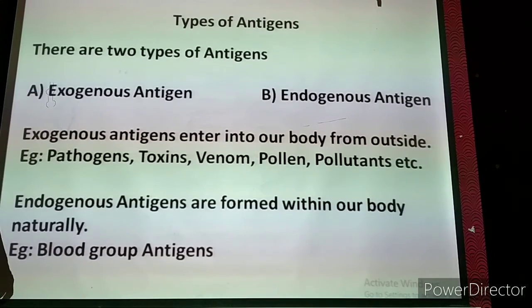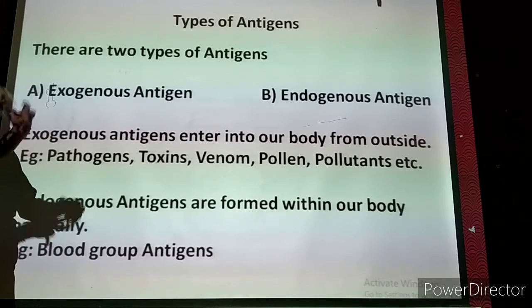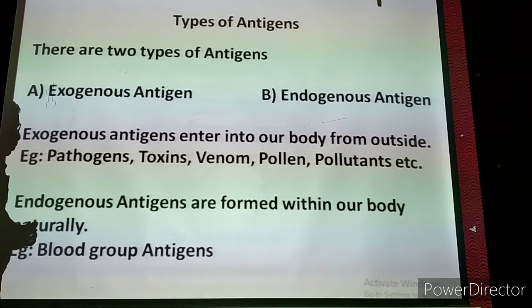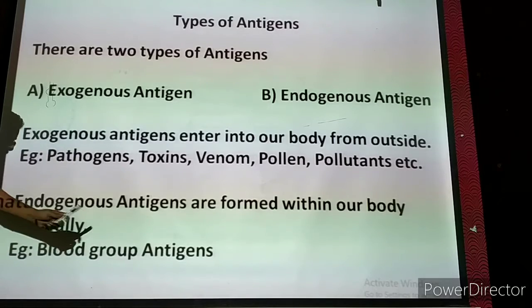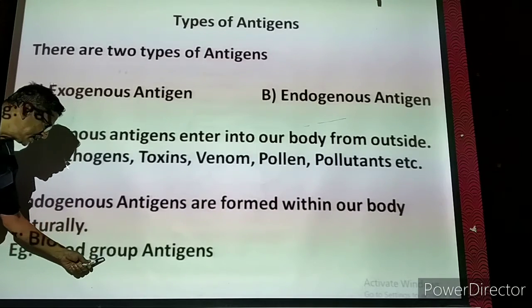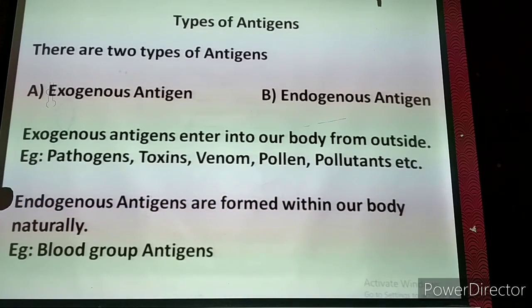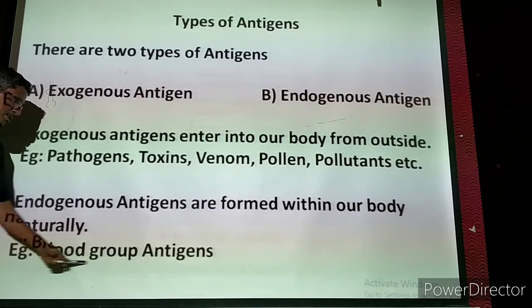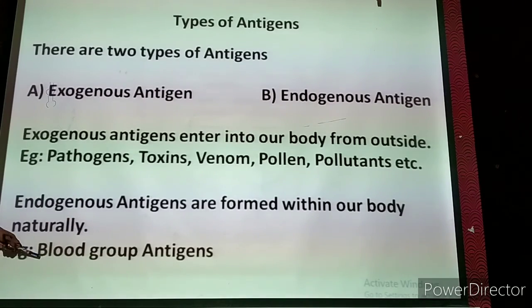When we study genetics about human blood groups, you might have studied four types of blood groups: A, B, AB and O. The type of antigen which determines the blood group is not an antigen for poison or microorganism or anything. It is a chemical which is determining our blood group. It is natural, not causing any problem. Blood group antigens are endogenous.